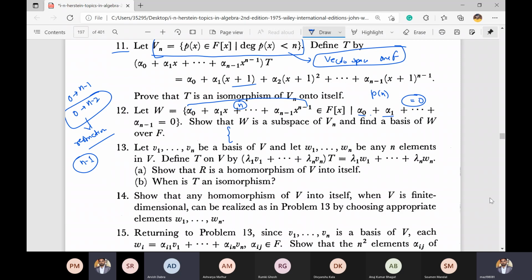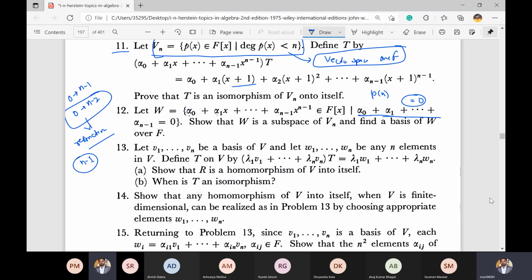With this condition, you can choose alpha 0, alpha 1 up to alpha n minus 2, any number. Then you will have a condition on this one: how x to the power n minus 1 will be written. I am not writing a linear combination of this; I am writing the coefficient only, not the whole term.